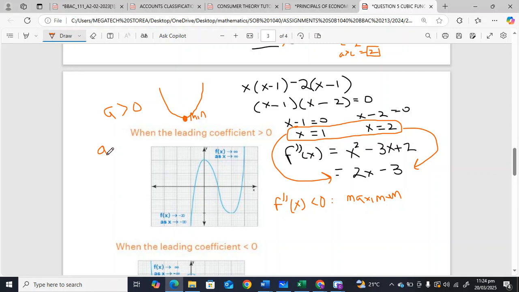And if your coefficient is less than zero, your quadratic equation is like this, and this is your maximum point.